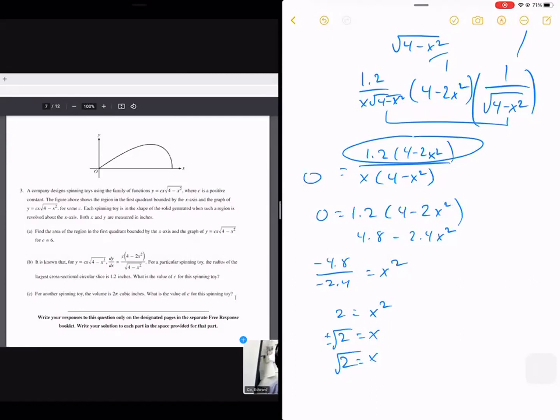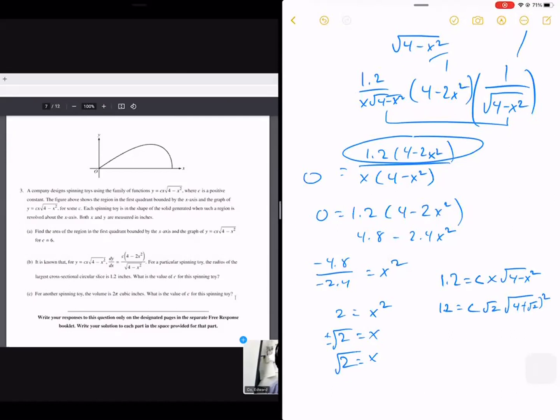All right. So going back, we know that 1.2 is equal to c times x square root of 4 minus x squared. We know what x is. So 1.2 equals c square root of 2 times square root of 4 minus square root of 2 squared.